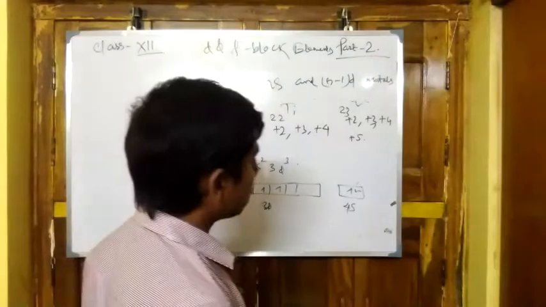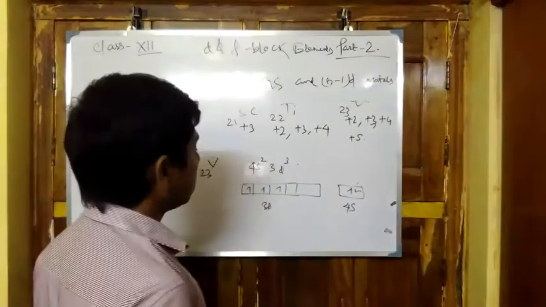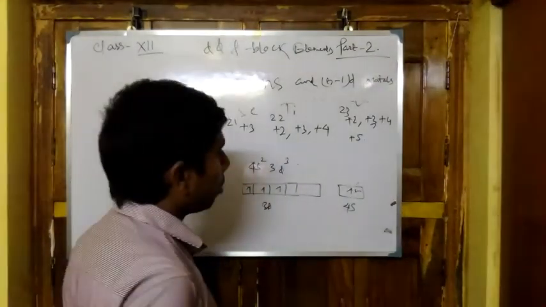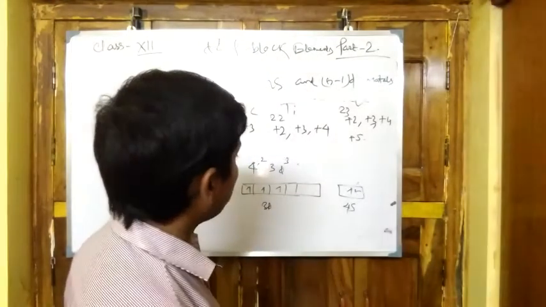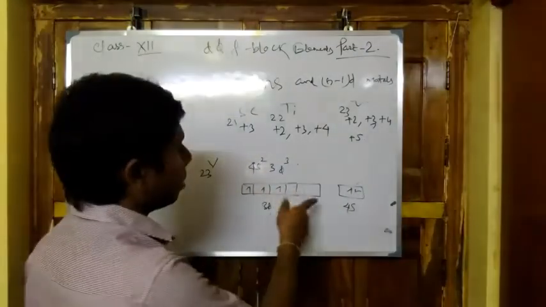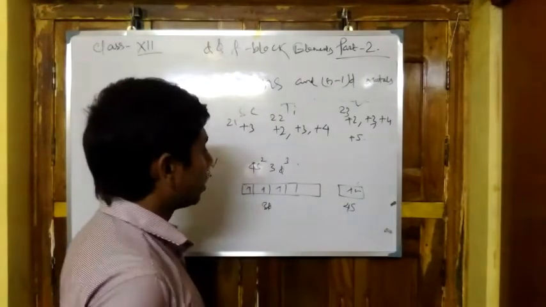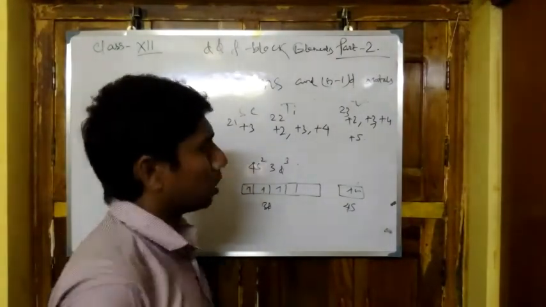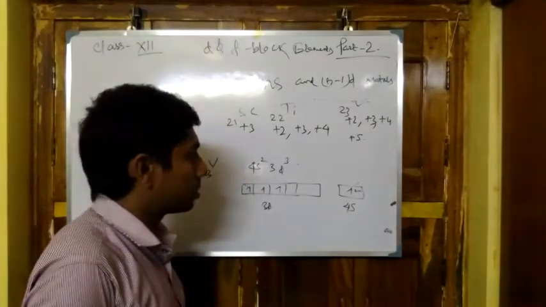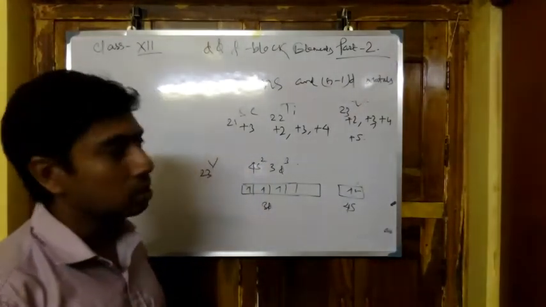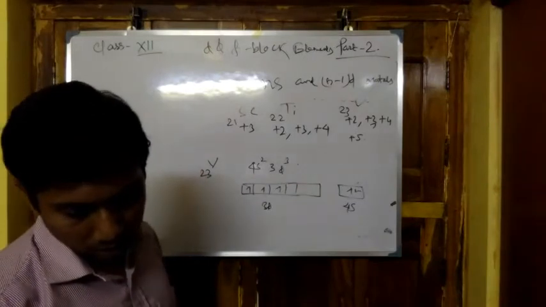The +2 oxidation state can form by sharing electrons, +3 by hybridization of electrons, and the +4 state is also given by covalency, and the +5 state also. So these are the different kinds of oxidation states.